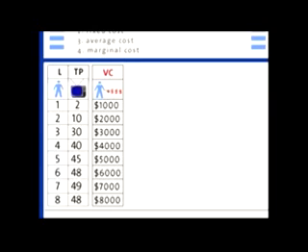The variable cost curve shows you how much money you have to spend on labor in order to produce a given number of television sets. Let's look at the way this graph will be set up. On the horizontal axis, I'm going to measure the number of television sets that we're producing in our factory. On the vertical axis, I'm going to be measuring dollars, the amount of money we're spending to hire the labor to produce those television sets.